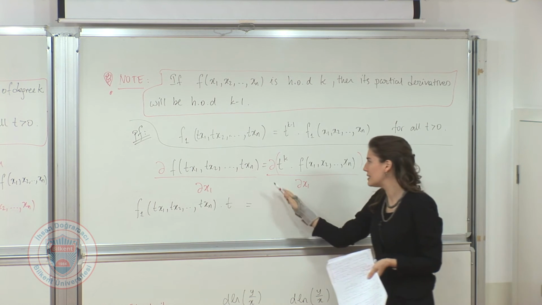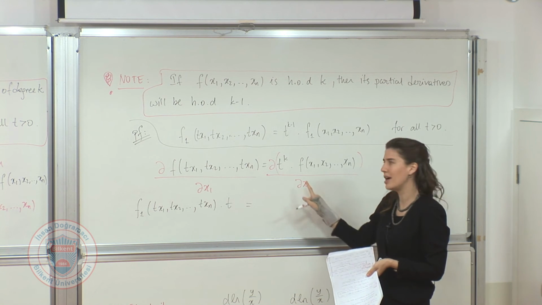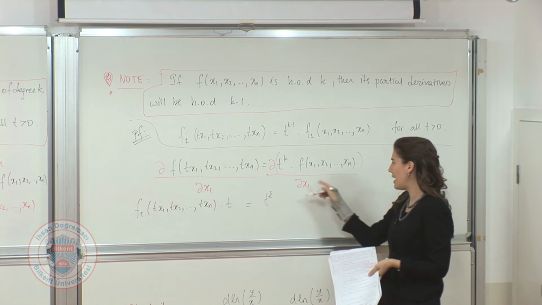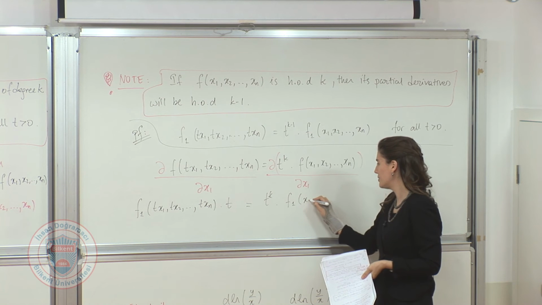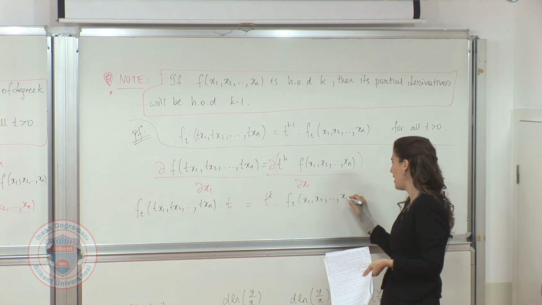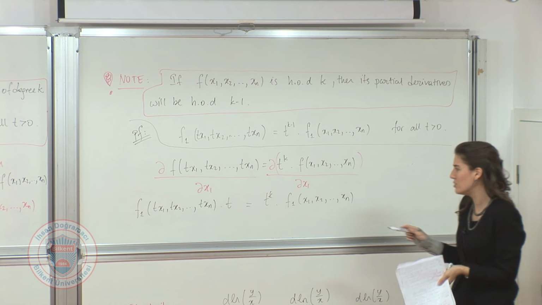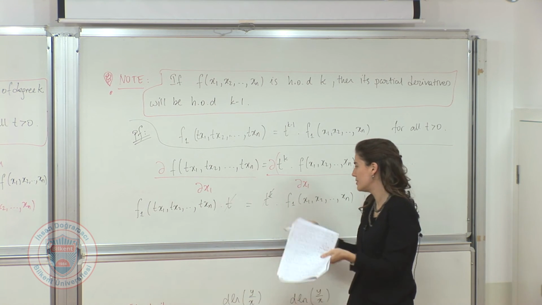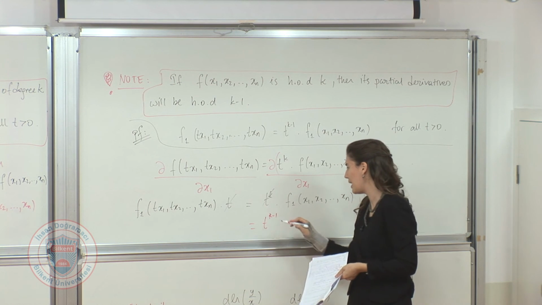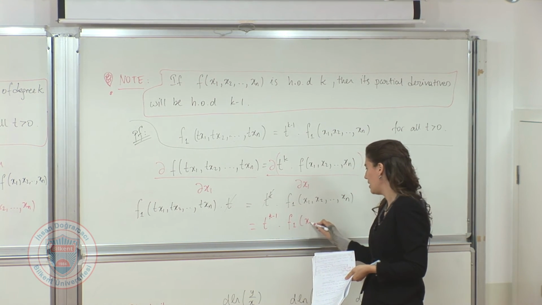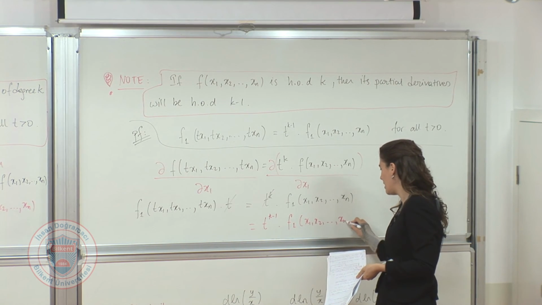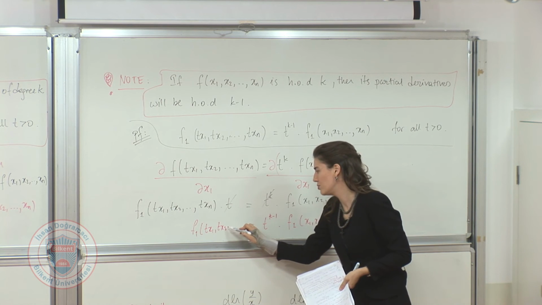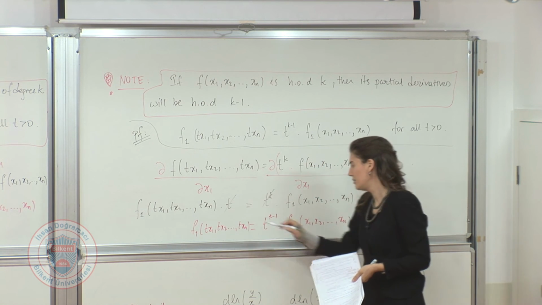So when I take this guy's derivative with respect to x1, t to the power k is just a constant, and this is f1 of x1, x2, xn. So here we're left with t to the power k minus 1, f1 of x1, x2, xn, equal to f1 of t x1, t x2, t xn.